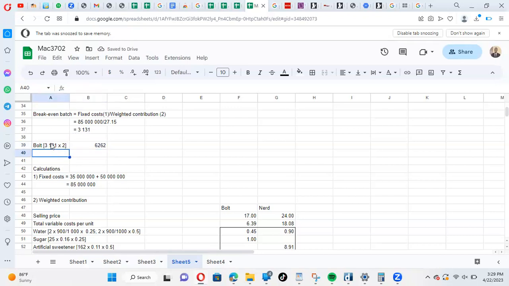And then for net, it's 3131 times 1. This one is basically going to be the same, 131. So these are our amounts here.